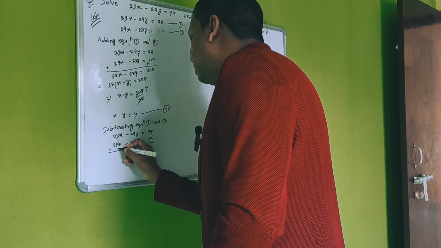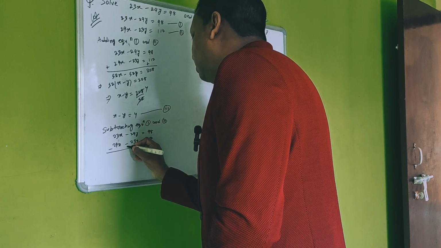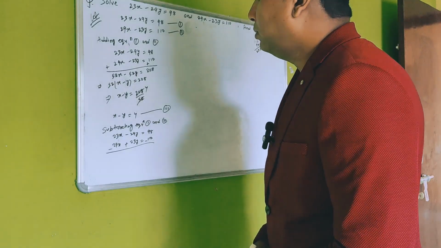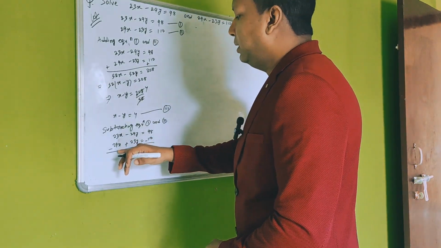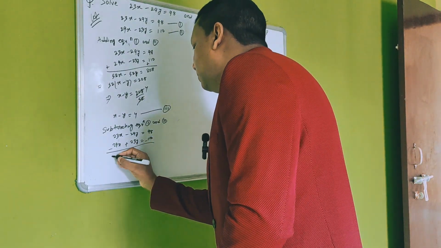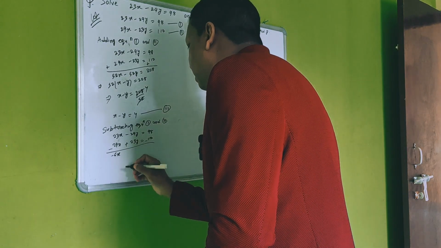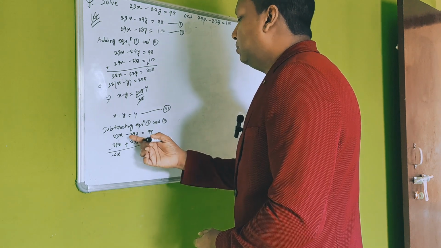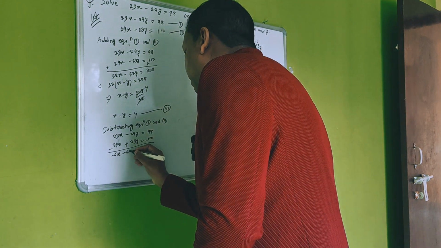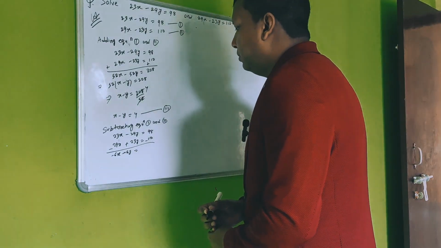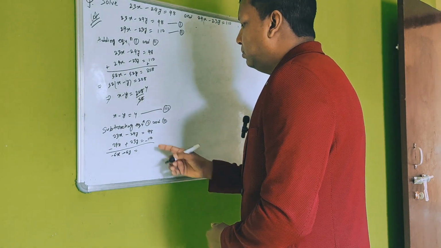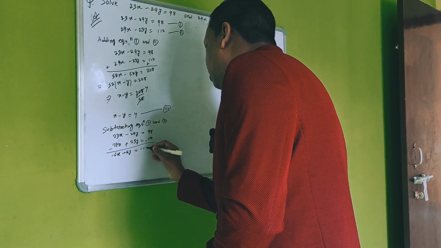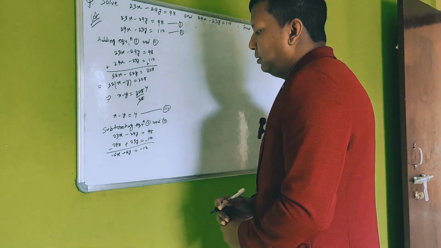Let's subtract. 23 minus 29 gives minus 6x, and minus 29 minus minus 23 gives minus 6y, and 98 minus 110 gives minus 12.